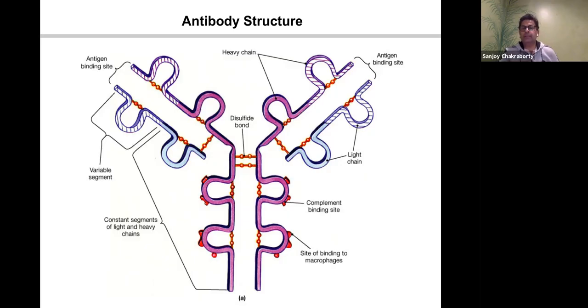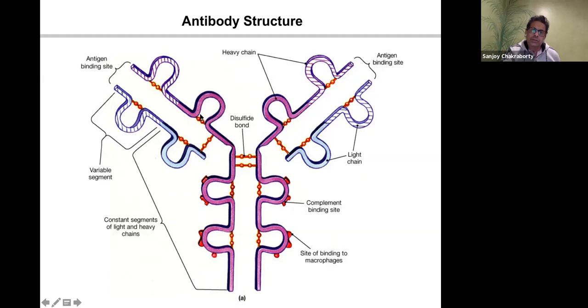All the antibodies look the same. It's like a typical key looks the same, but each key is for a different lock because they have a little bit different binding site. So what is the binding site? The top part is called the binding site for antigen.